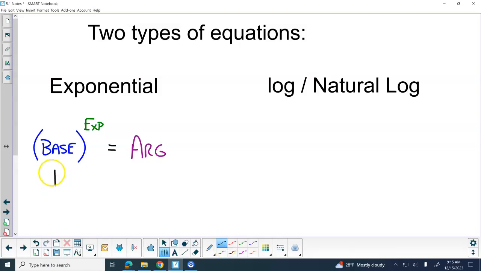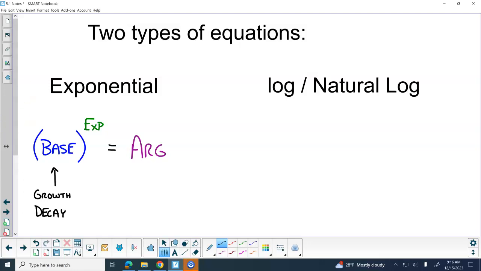Our base right here is going to determine if we're a growth, if it's getting bigger, or if we are what's called a decay, meaning our function would be getting small.